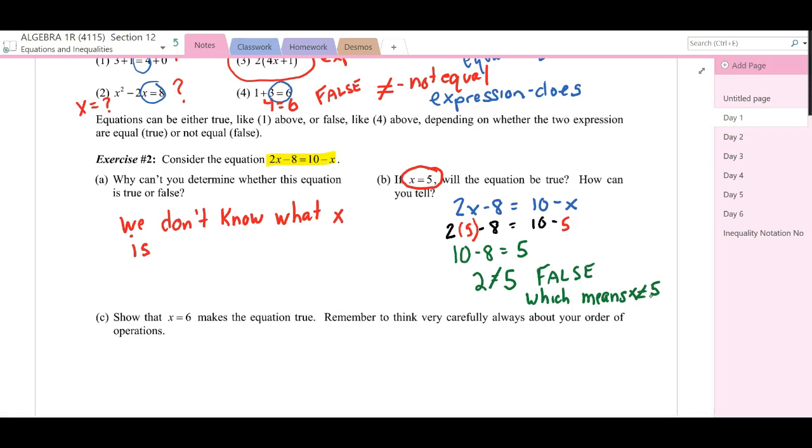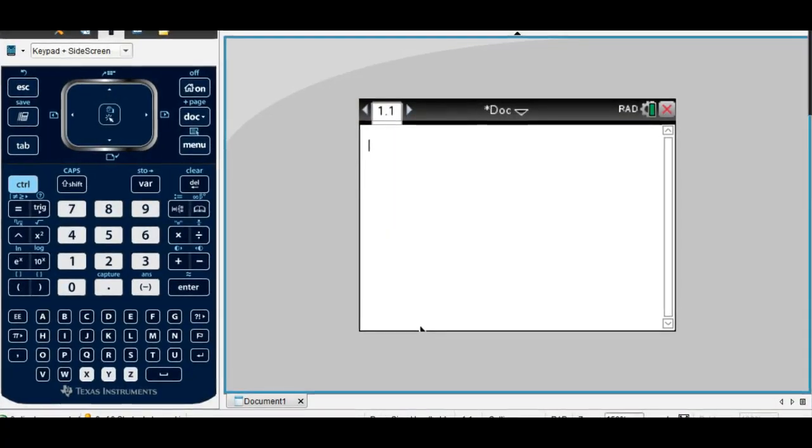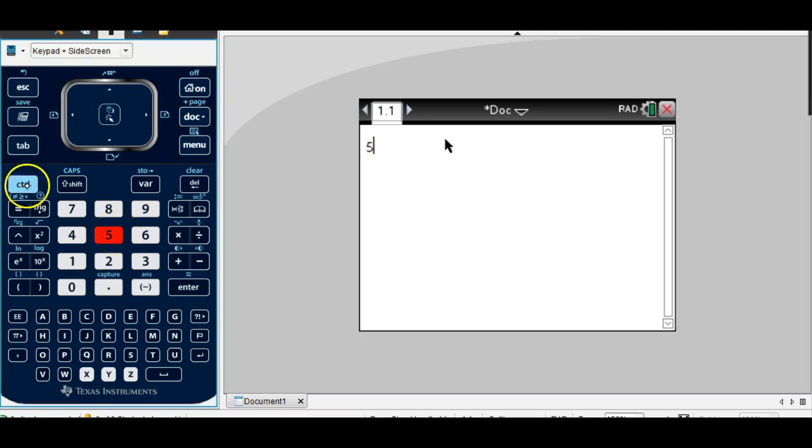Another way we can do this, the easier way and the way that we're going to do it a lot, is on the calculator. If you turn on the graphing page, they're asking us to test, is x 5? So we're going to take 5 and store that for x, and hit enter.